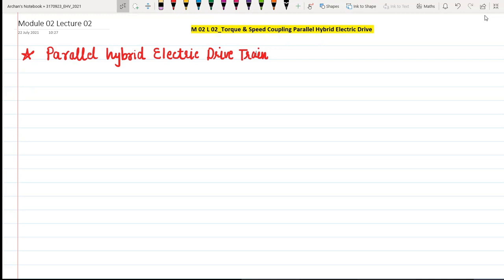We have seen the configuration of the series hybrid electric drivetrain in the last lecture, and in today's lecture we are going to see parallel hybrid electric drivetrains. This is a drivetrain in which the engine supplies its power mechanically to the wheels, like in a conventional internal combustion engine powered vehicle, and it is assisted by an electric motor that is mechanically coupled to the transmission.